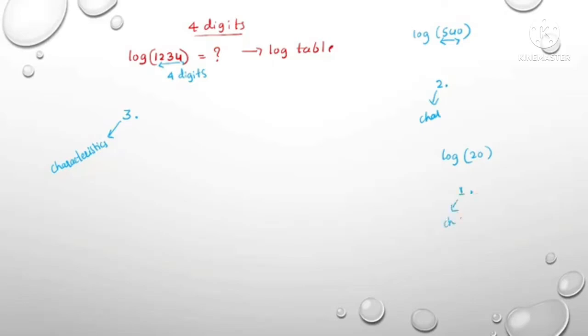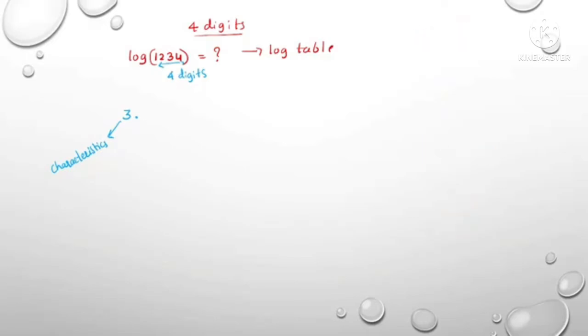So this is the characteristic. The characteristic is always on the left side of the decimal point. How to find the characteristic? The number of digits minus 1. If there are 4 digits, minus 1; if there are 3 digits, minus 1. So this is called the characteristic.